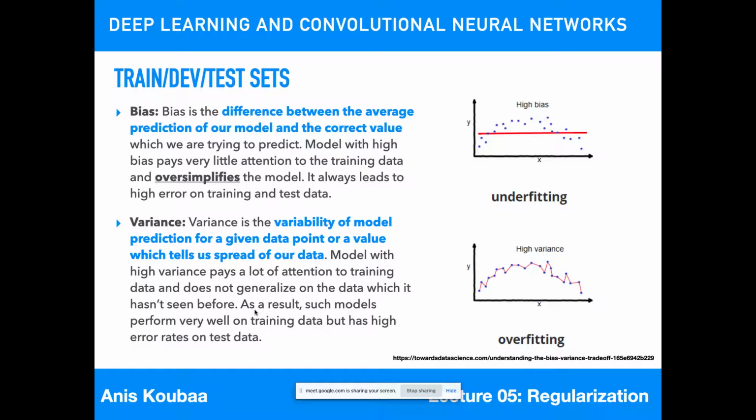Any question here? Yes. Which is more common, overfitting or underfitting? Usually overfitting is more common because usually we build complex models. We have seen this in the example of cat not cat.